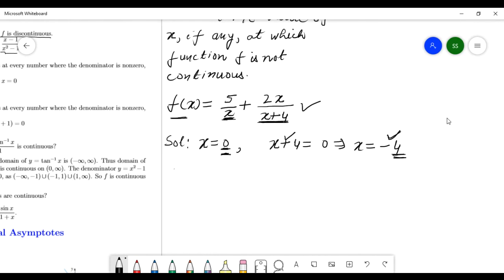So here this function f(x) is not continuous at x equal to minus 4 and x equal to 0. Right?